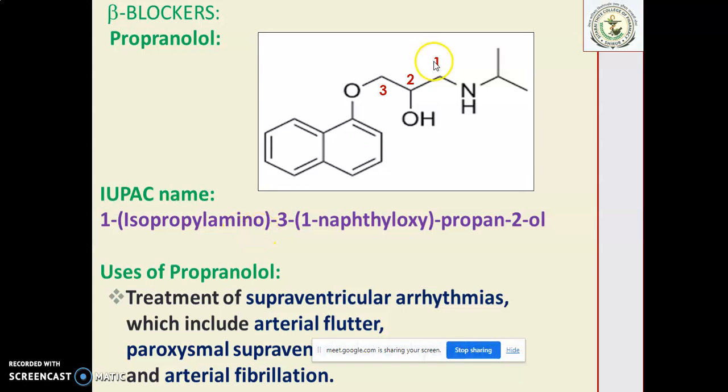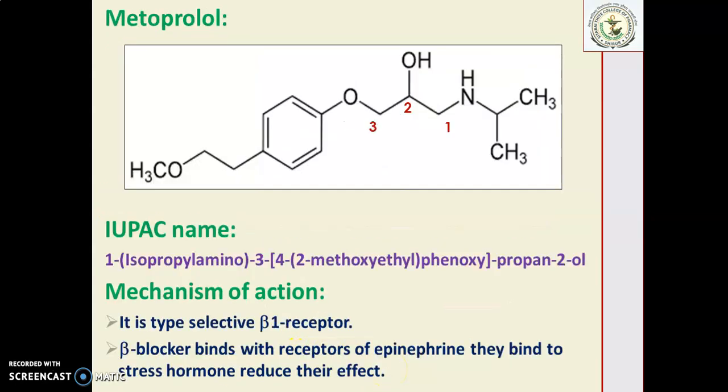Numbering is given here 1, 2, 3. So 1-isopropyl amino, 3, 1-naphthyl oxy propane 2-ol. Uses of propranolol are treatment of supraventricular arrhythmias, which include atrial flutter, paroxysmal supraventricular arrhythmias, and atrial fibrillation.